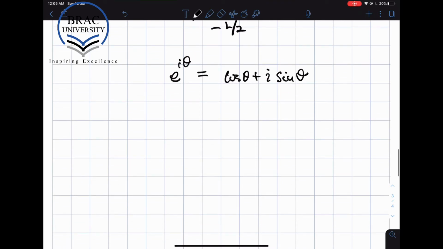So if you use Euler's formula, then the Fourier series can be expressed as a summation, where the sum goes from minus infinity to plus infinity.